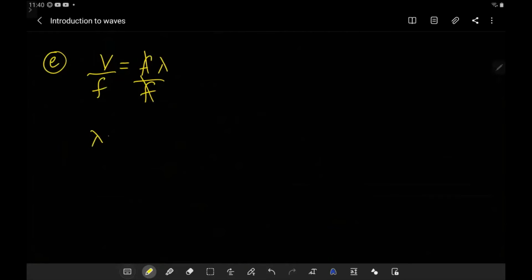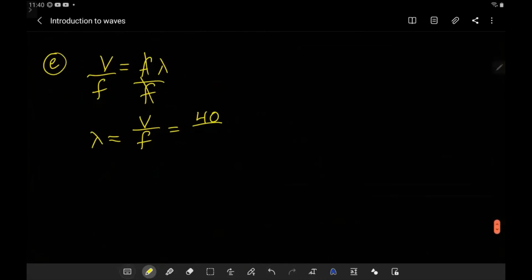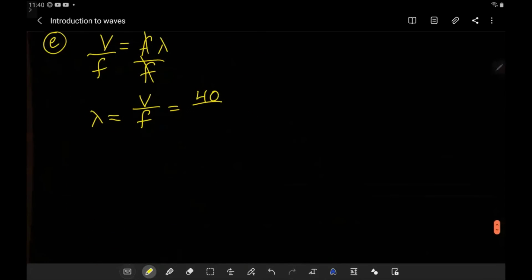So lambda is equal to the velocity of the wave divided by f. The velocity of the wave was 40 meters per second, the frequency is 5, and 40 divided by 5 is 8 meters. So the wavelength will be 8 meters.